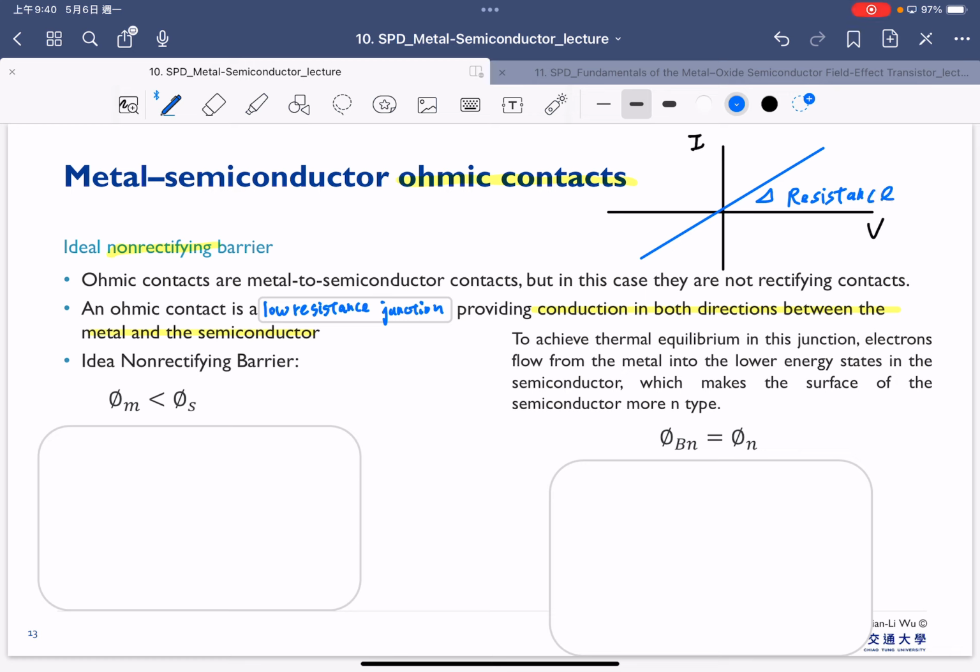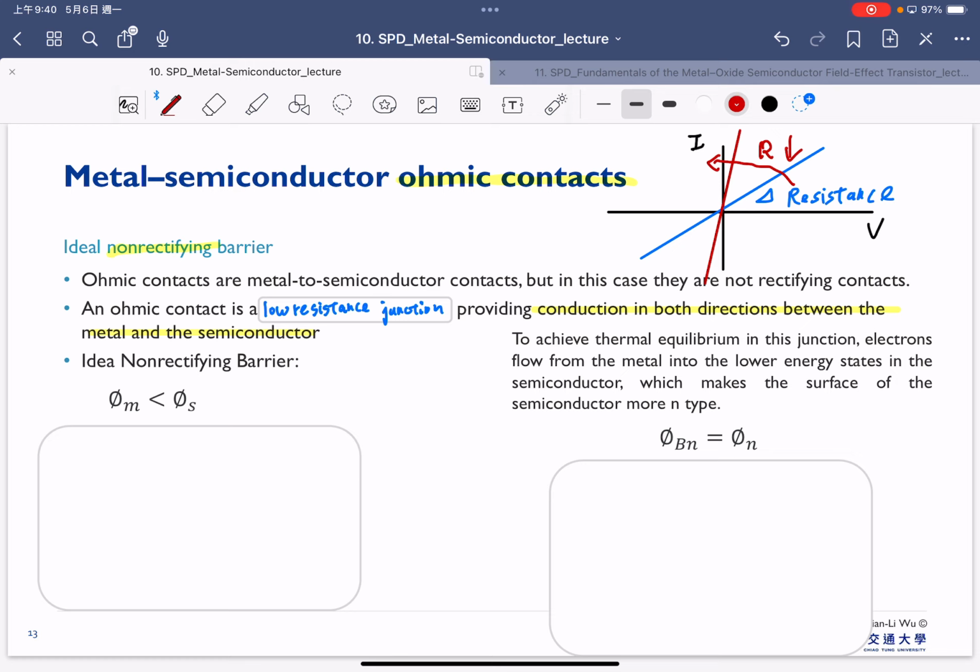The ideal ohmic contact should have very low resistance, which means a very steep IV curve where our resistance is as low as possible. So when we make the ohmic contact, we always want a lower resistance.